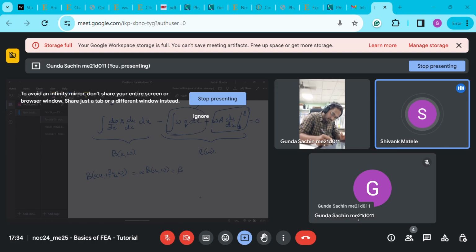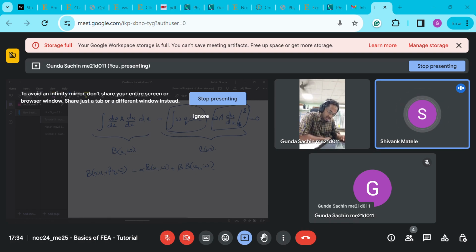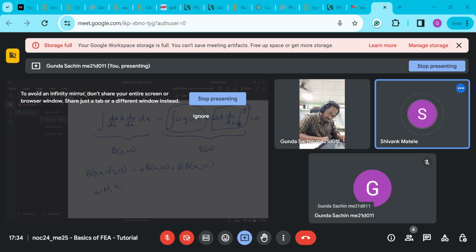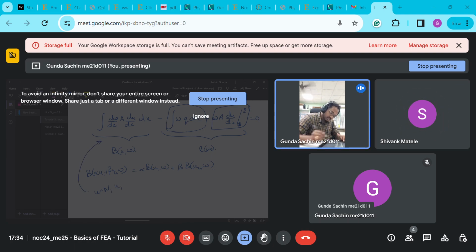When you say bilinear, you can write alpha u1 plus beta u2 as alpha P of u1 plus beta P of u2. Yes, it is linearity in u.